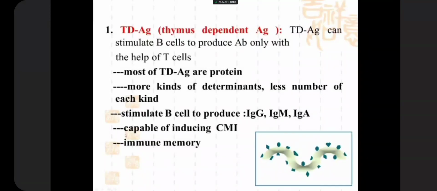It can induce cell-mediated immunity. Also, it can evoke immune memory, which means TD antigen can evoke the secondary immune response.